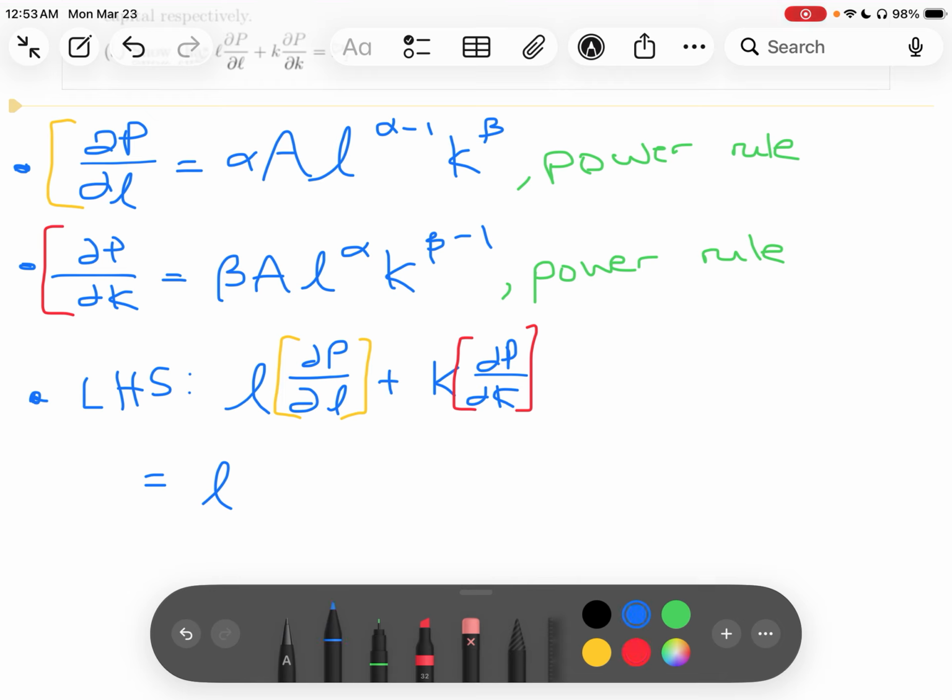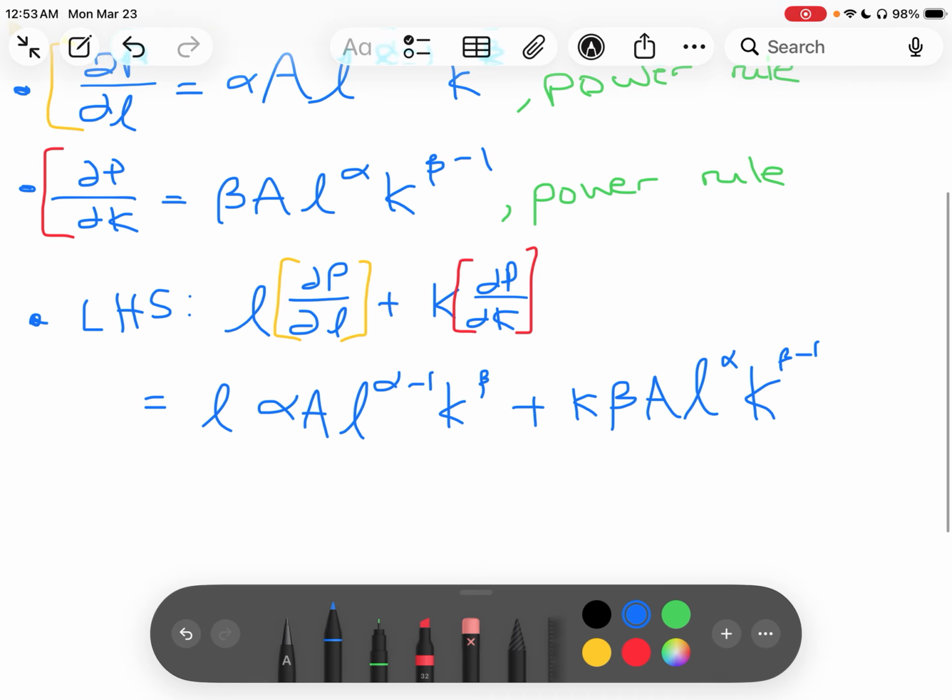So we have partial derivative of P with respect to L, that's just alpha A, L to the alpha minus 1, K to the power of beta, plus K times partial derivative of P with respect to K, so this is just beta A, L to the alpha, K to the beta minus 1, okay?